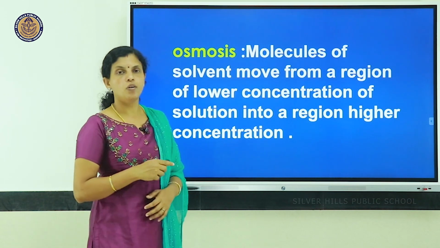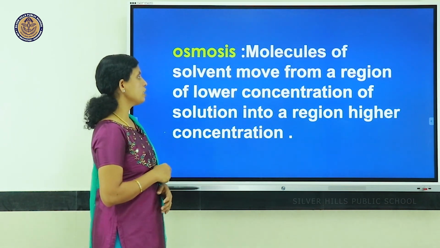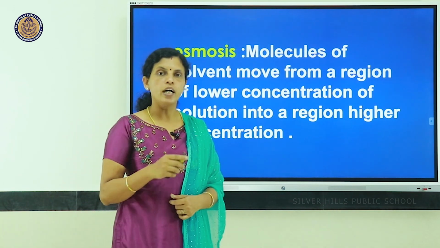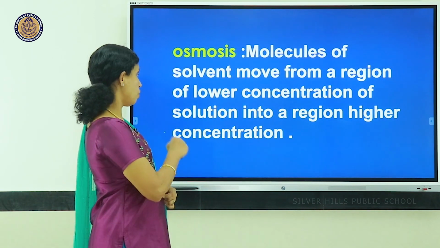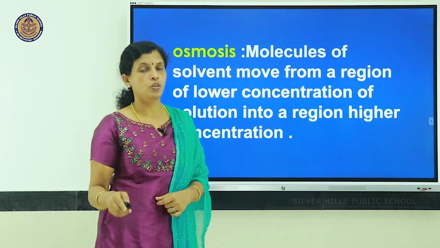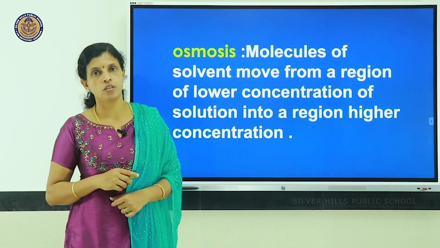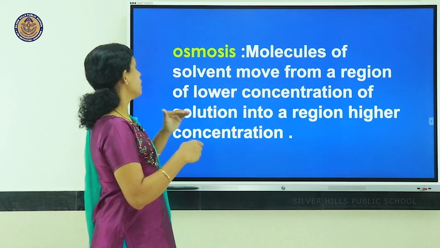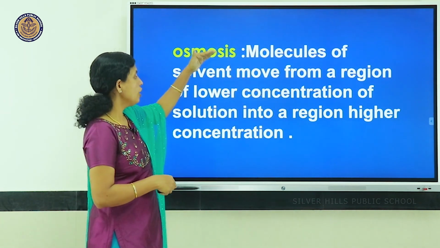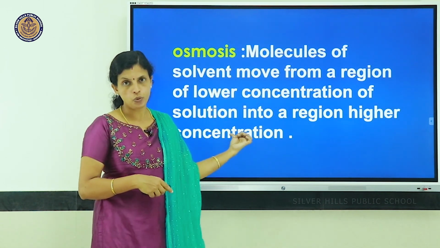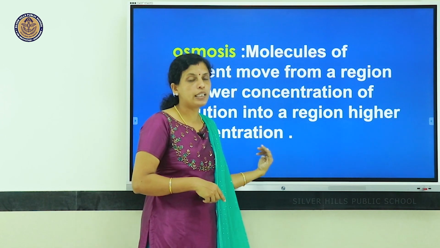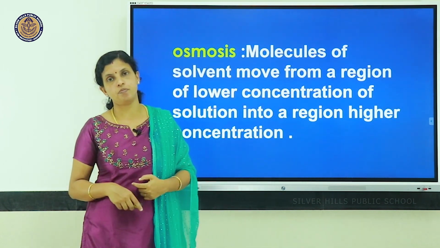Whereas osmosis involves the movement of solvent molecules from a region of higher concentration of solvent into a region of lower concentration of solvent. Or we can say it is the movement of solvent from a region of lower concentration of solution into a region of higher concentration of solution.